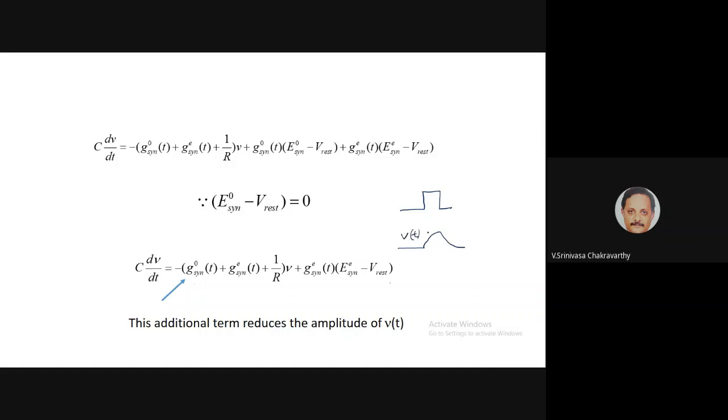So this is V of t, this is without G0. And with G0, it will be a smaller amplitude.